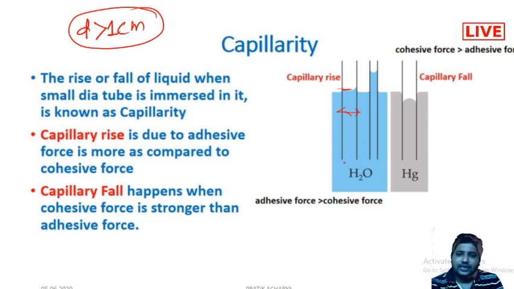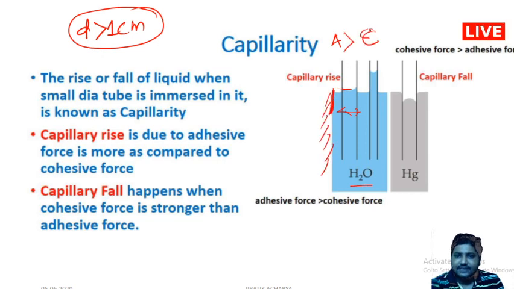In the case of water, the adhesive force between the water molecules and the glass is very high. As the adhesive force is greater than the cohesive force, the water rises and the meniscus is concave.